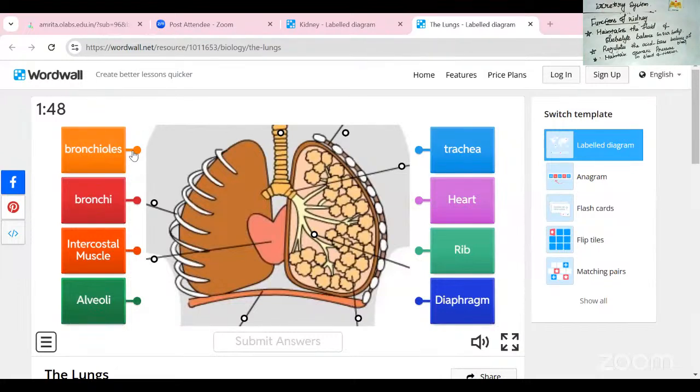Okay, now I'm going to show the right part. Next one is the heart. Yes, this is the easiest part, I think. Who knows the heart? Where is the heart present? Do you know the right part of the heart?